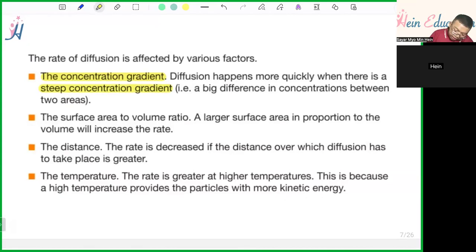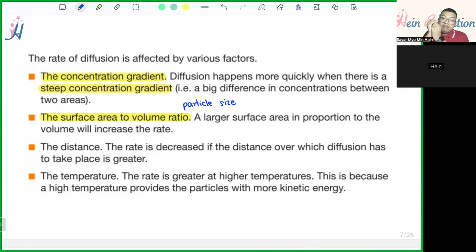Next one is surface area to volume ratio. In biology, whenever we talk about this, this is another concept: the smaller the organism, the larger the surface area to volume ratio. In real practice, it can be applied as particle size. Imagine when you add sugar to your coffee.